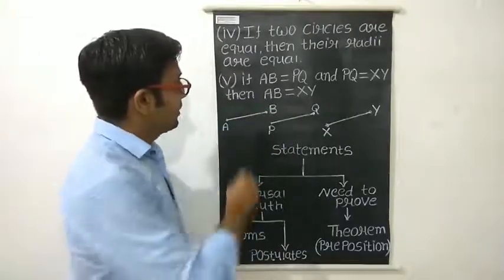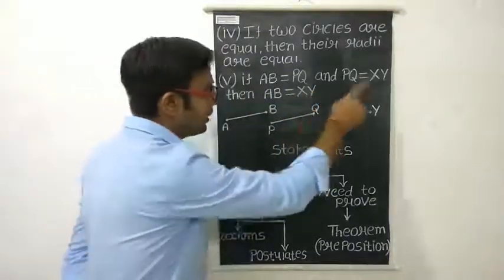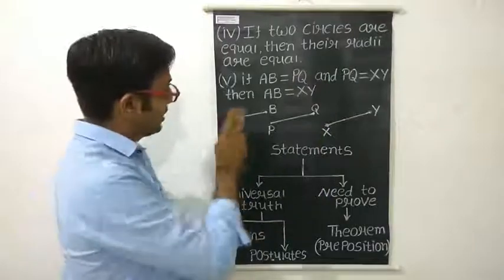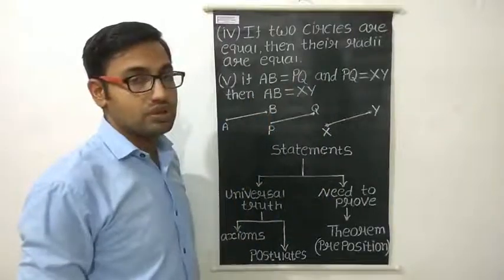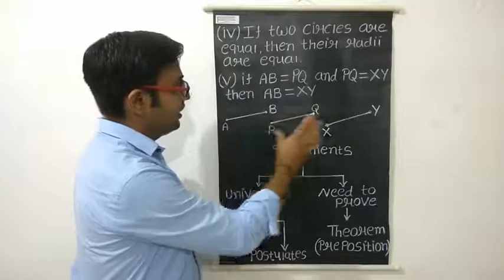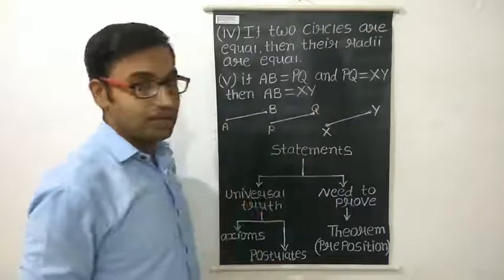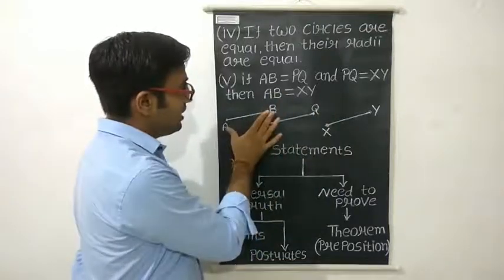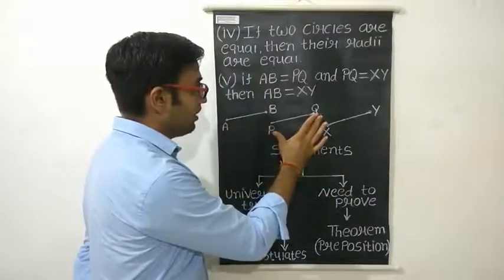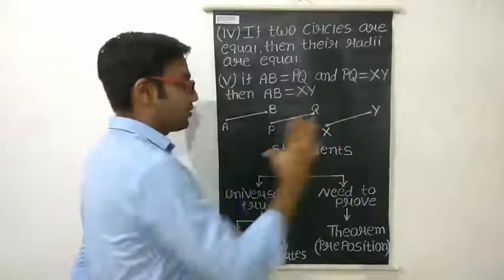Fifth statement: if AB equals PQ and PQ equals XY, then AB equals XY. Here we are given three line segments AB, PQ and XY. We have said that AB is equal to PQ and PQ is equal to XY. Then AB is equal to XY.